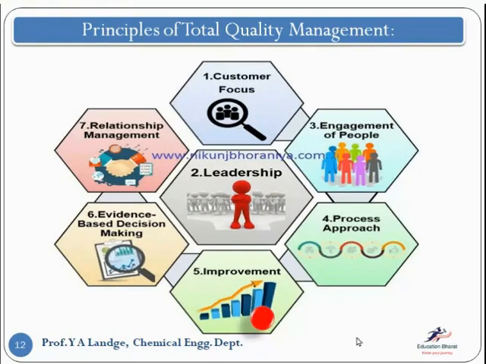The fifth one is improvement. Another focus in total quality management is improvement. The product which you produced yesterday, the service which you gave yesterday, now you need to improve that. Though we are competing with other competitors, at the same time we have to compete with our own product too.